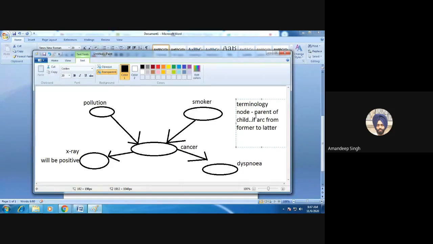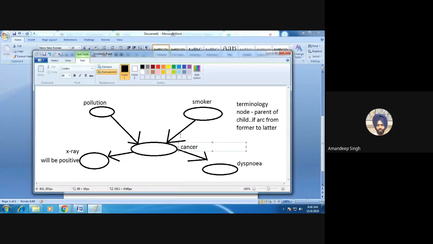Now former here is parent and the child here is the later part. Now in this diagram you can see that the pollution node is acting as a parent. Smoker node is also the parent node of this cancer node.